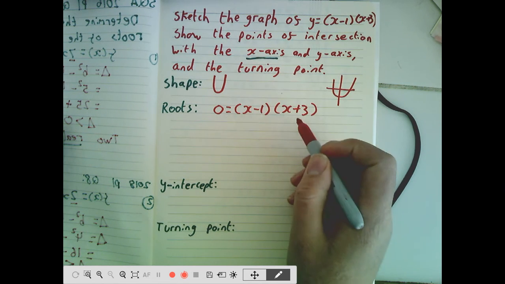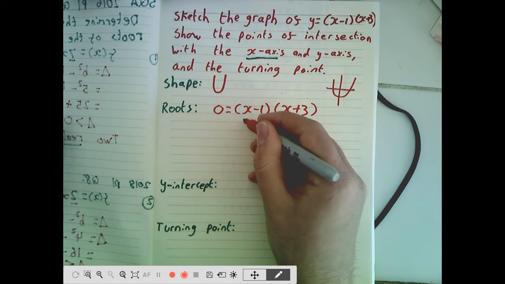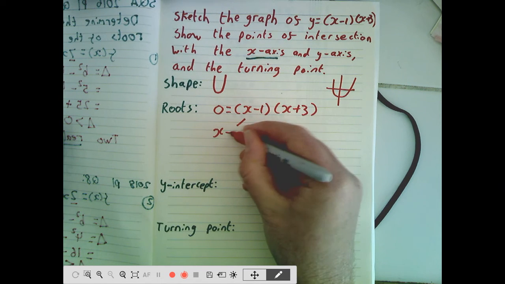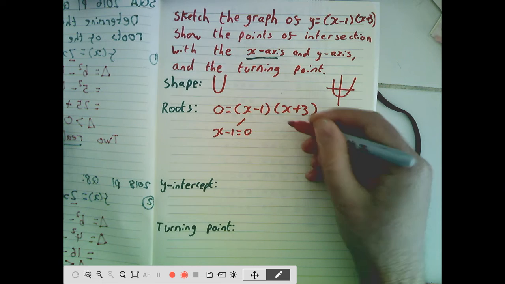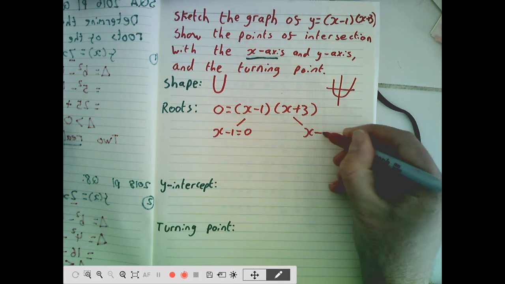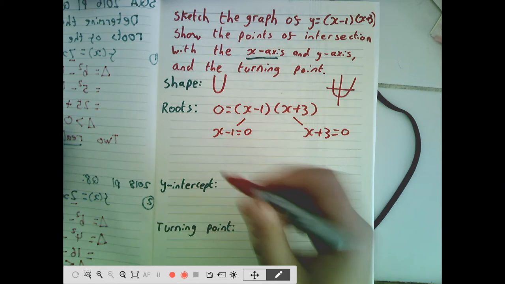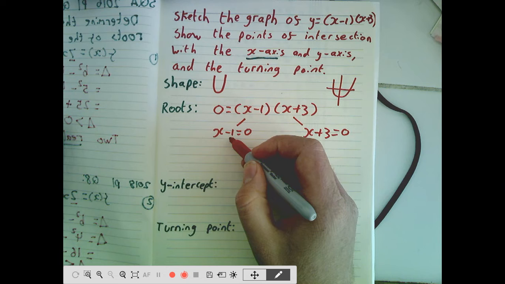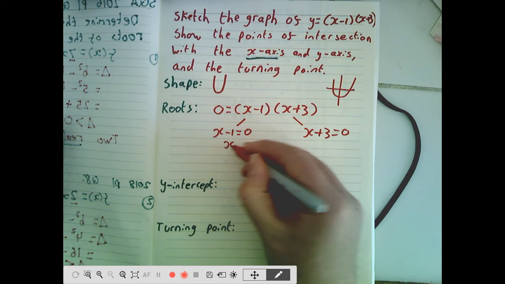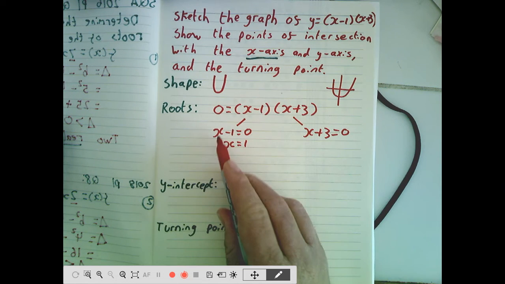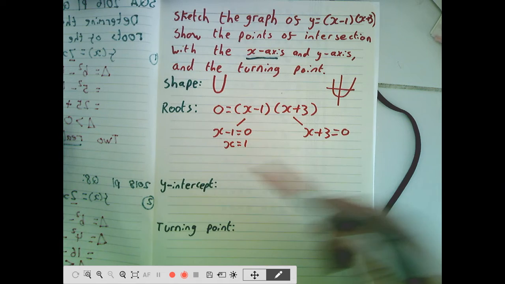So if this times this equals 0, that suggests that either x minus 1 is equal to 0 or x plus 3 is equal to 0. One of those two things must be true for this to equal 0. And so what take away 1 is 0? 1. 1 take away 1 is 0.